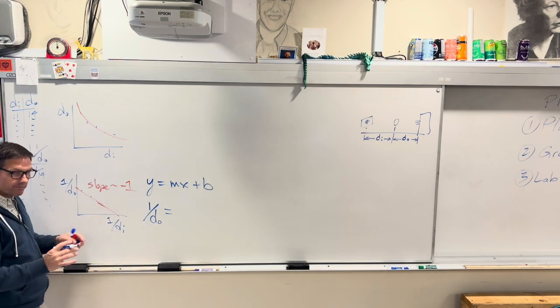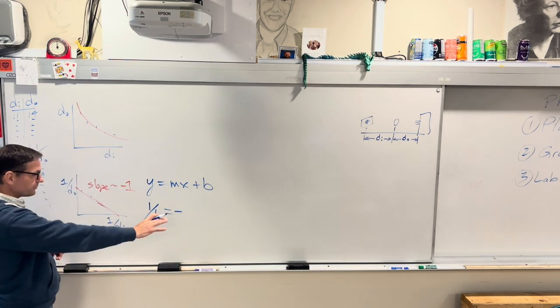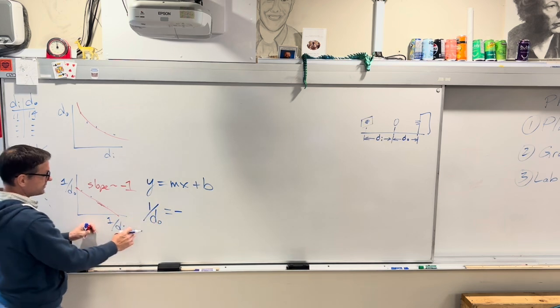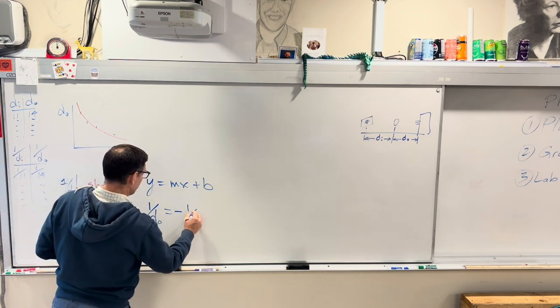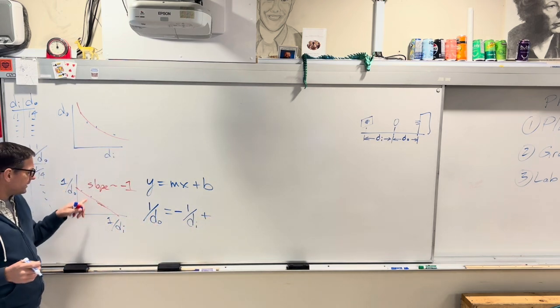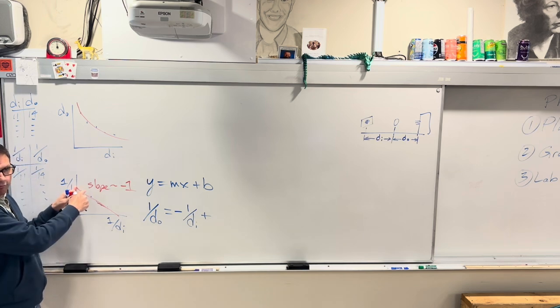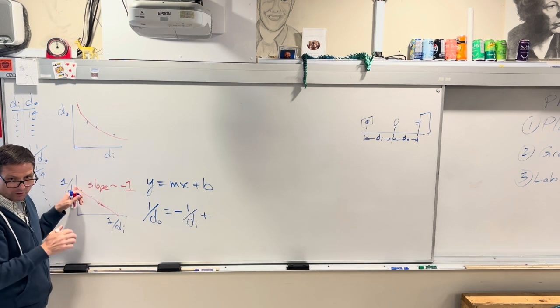Our slope you should find is about -1, and that's going to be minus, and I'm just going to leave the 1 out of it because it's times this x. And this x is 1 over DI, and then you're going to be plus some y-intercept. For a lot of you, this is like 0.06 or 0.04, 0.08 or something like that.